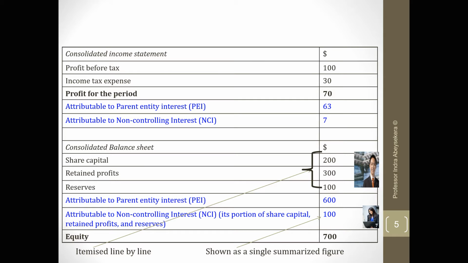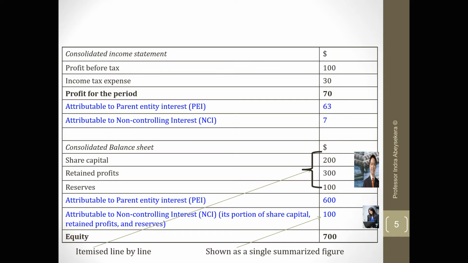When we combine the two entities, which is called the group, this group is represented by the parent's shareholders, who are in the parent entity and also in the subsidiary entity, and the non-controlling interest shareholders who are in the subsidiary entity only.